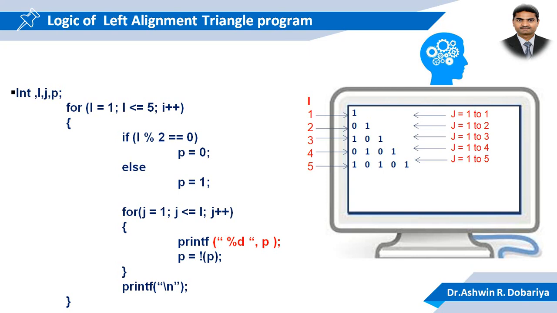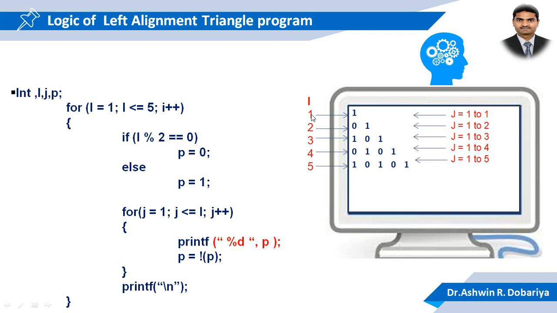But here how can we display 1, 0, 1 like this? To display this value, we will declare one more variable, p for print. Here one thing we have to analyze: the first line starts with 1, the second line starts with 0, the third line starts with 1, and again the fourth line starts with 0.